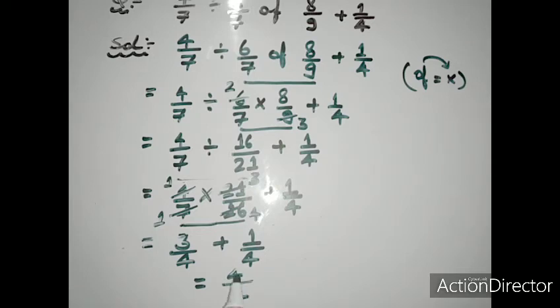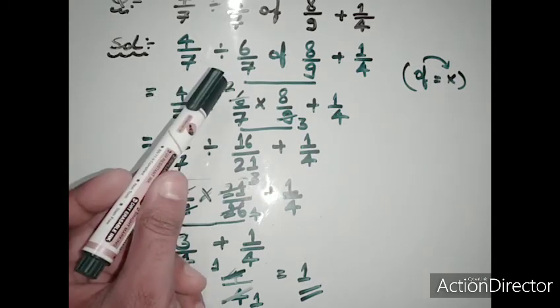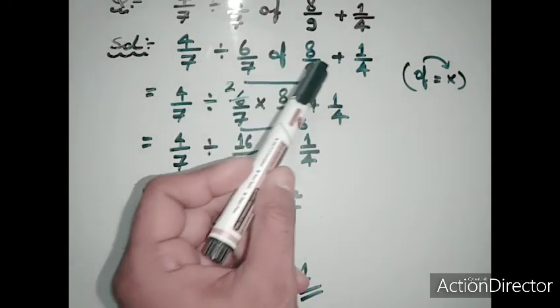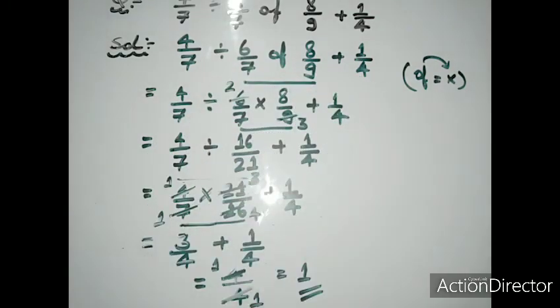And 4 upon 4, right? 4 upon 4 means here 4 1s are 4 and 4 1s are 4. Here we get 1, right? So when we solve 4 upon 7 divided by 6 upon 7 of 8 upon 9 plus 1 upon 4, here we get 1 as an answer, right?